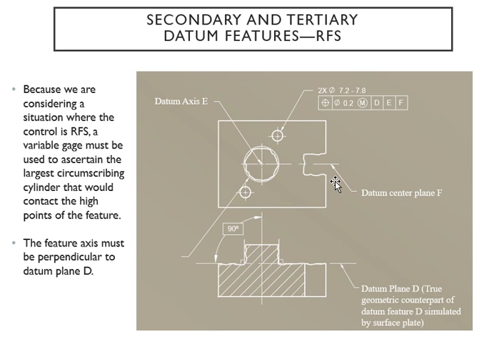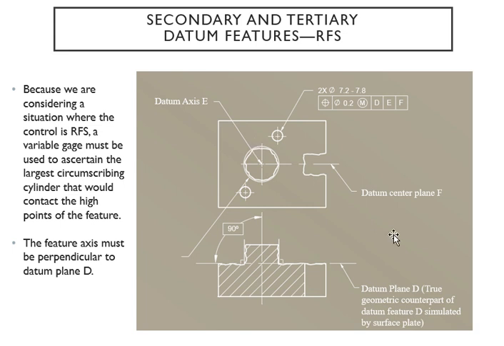And we're going to be considering a situation where regardless of feature size is your control, and you're going to use it with a larger circumscribed cylinder that's going to be in contact with the high points of your feature when we try to establish that datum axis.